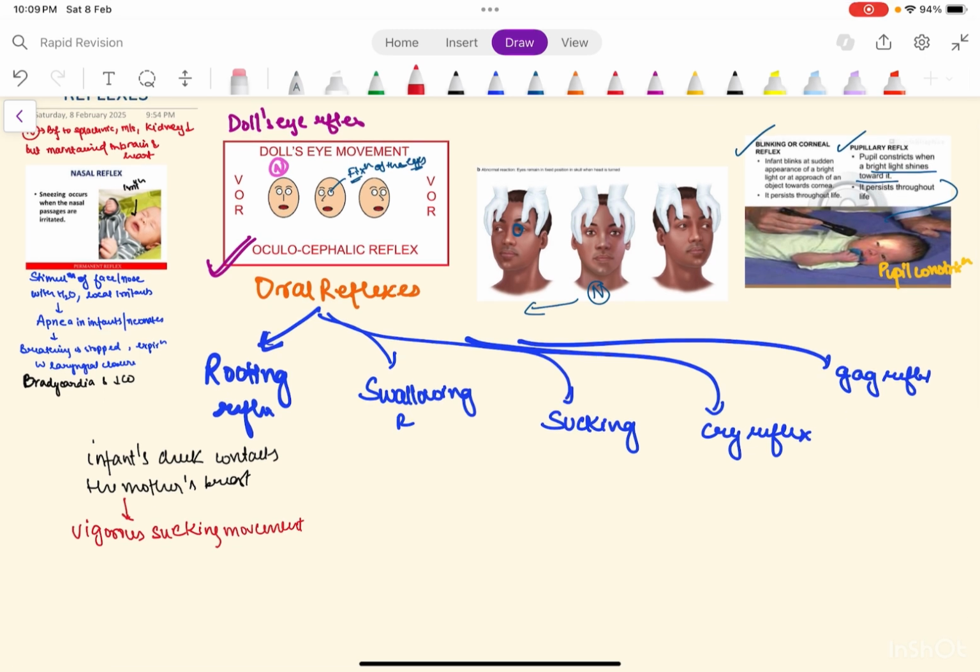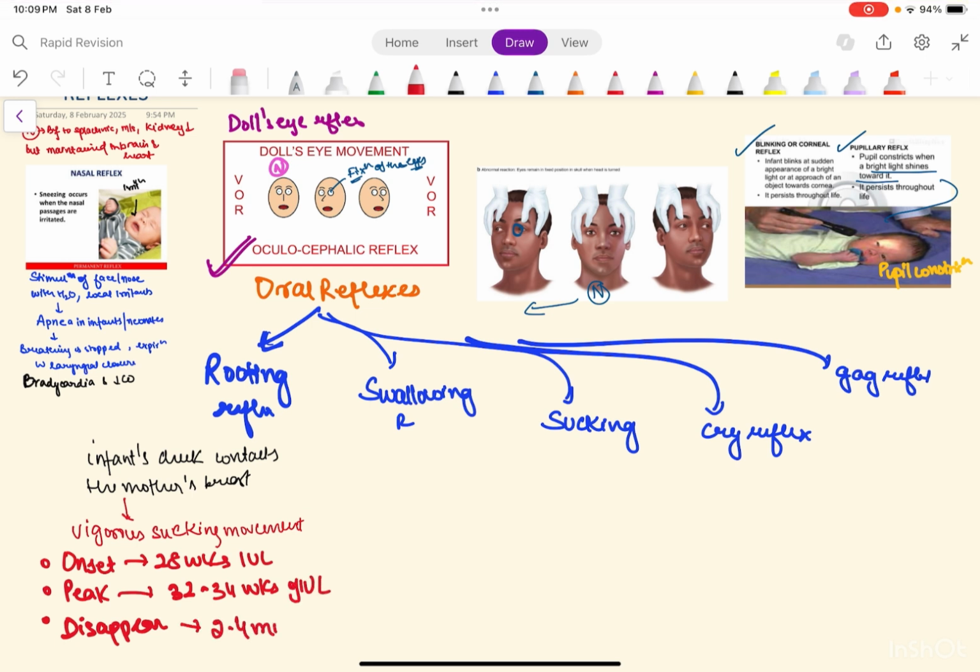Here you need to remember two things: onset, peak, and then disappearance. Onset is 28 weeks of intrauterine life, then peak is 32 to 34 weeks of intrauterine life, and it disappears by 2 to 4 months of age.